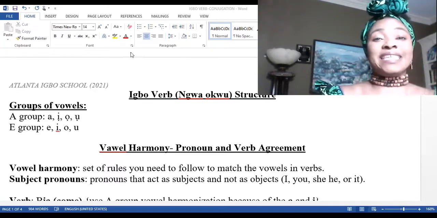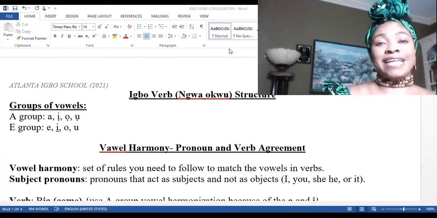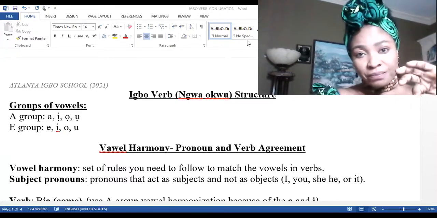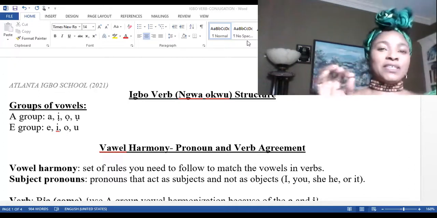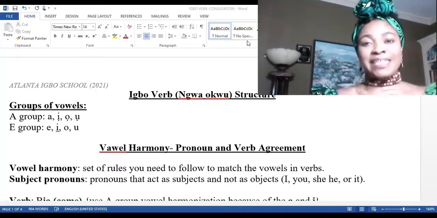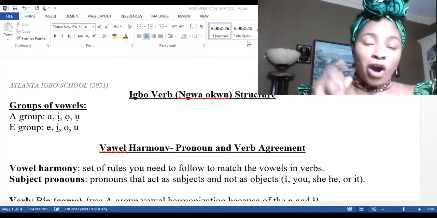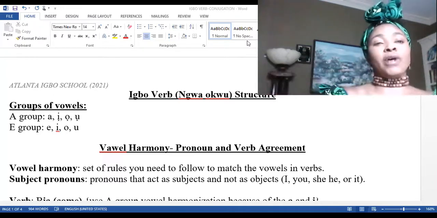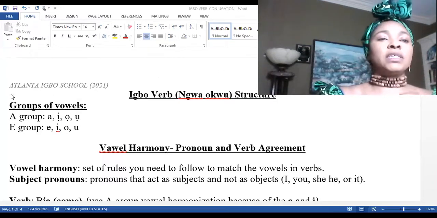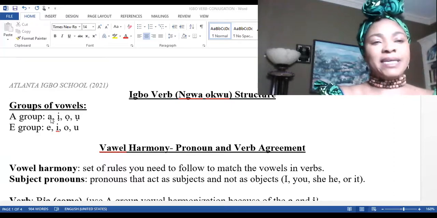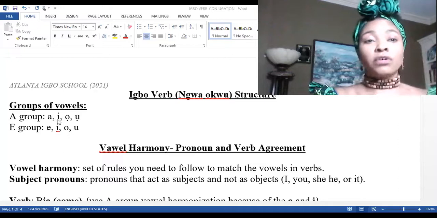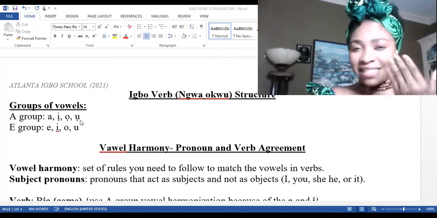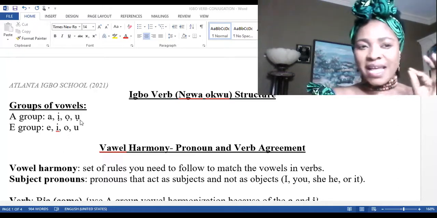These are the vowels that you put punctuation on. When it comes to punctuating, it is called ntopo. So you have to put these ones. You see, the A group here is A, O, and see how the sound goes.